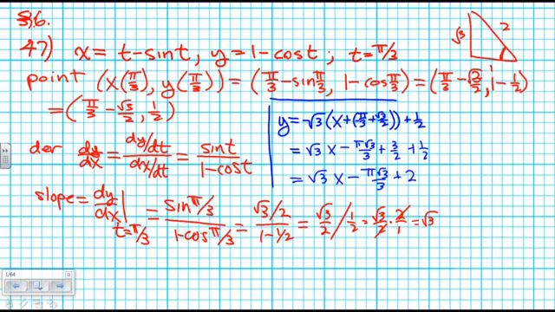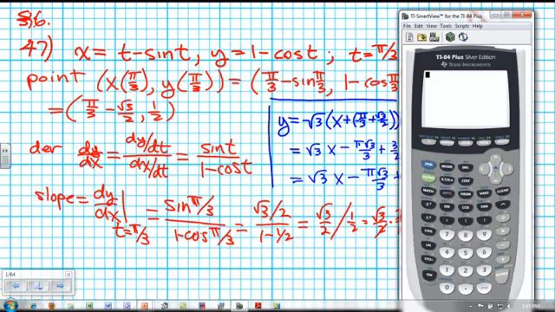Well, but do we have proof? Let's put it into the grapher and see if we get a curve and its tangent line. Let me go into parametric mode. Let's go into y equals, so we can put our equations in. t minus sine t for x, and then 1 minus cosine t for y.